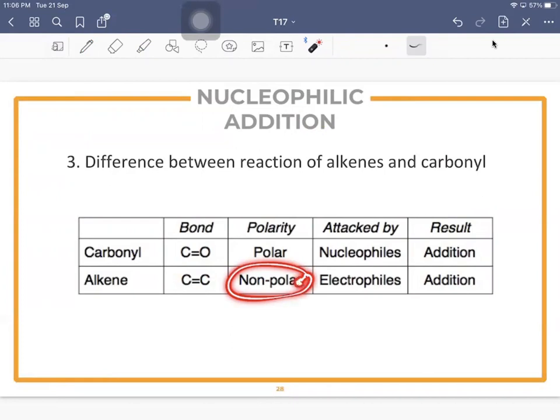Yes, topic 14, you should have seen that an instantaneous dipole will be produced, okay? Whereas in carbonyl, C double bond O, you have a permanent dipole, and we call this a polar bond, right? And of course, they are attacked by different species. Alkenes are attacked by electrophiles, whereas carbonyls are attacked by nucleophiles. Okay.